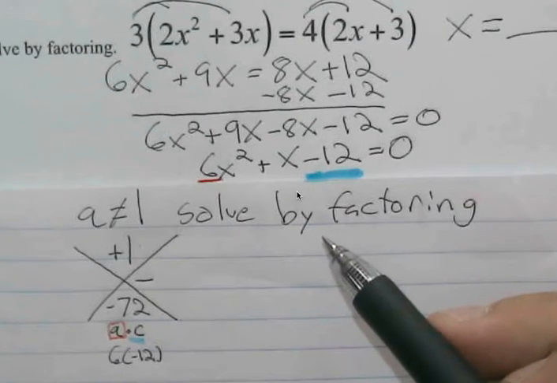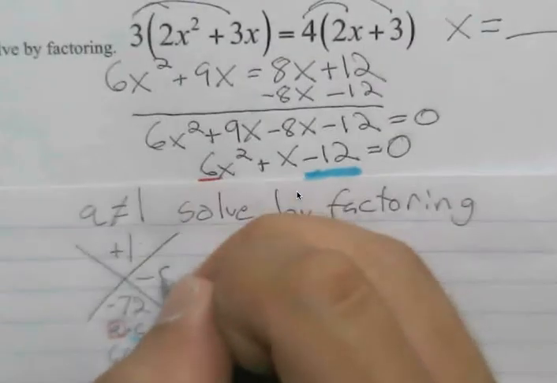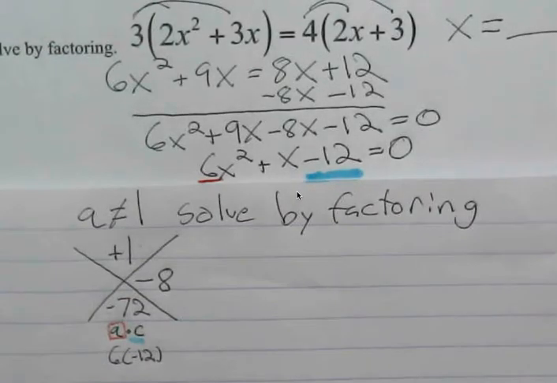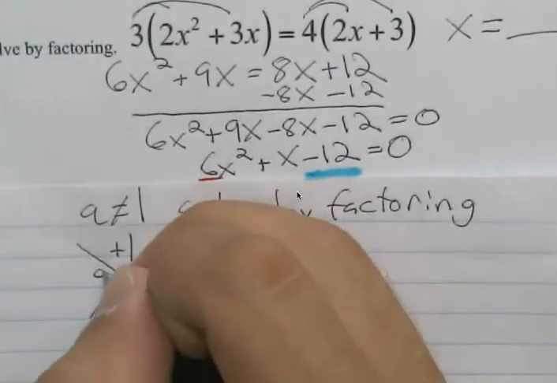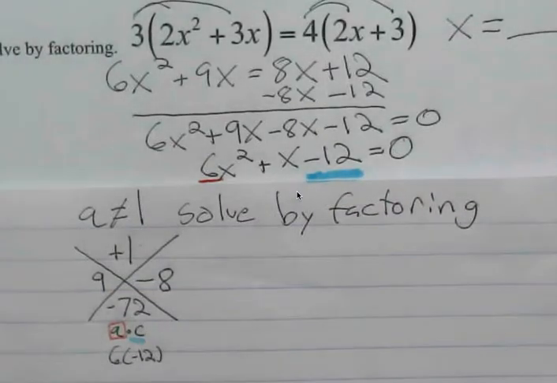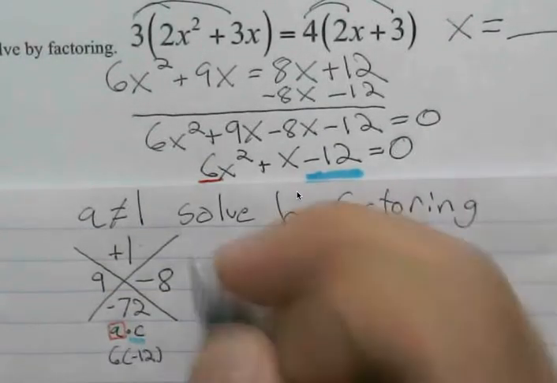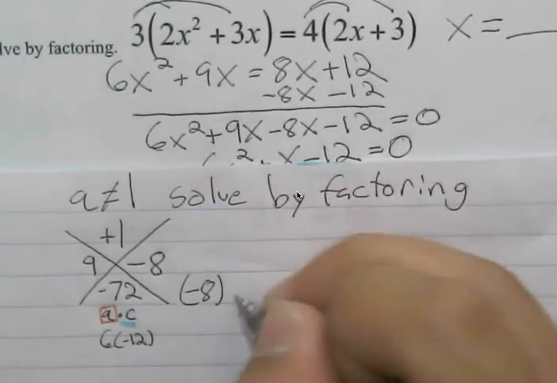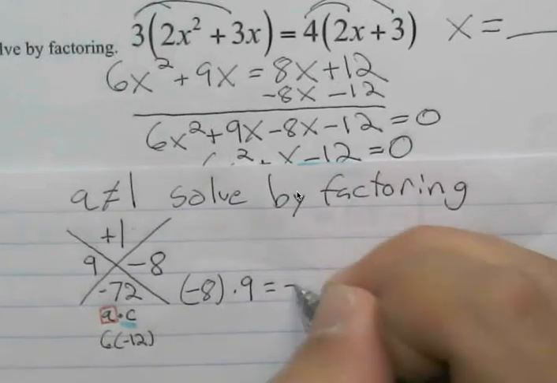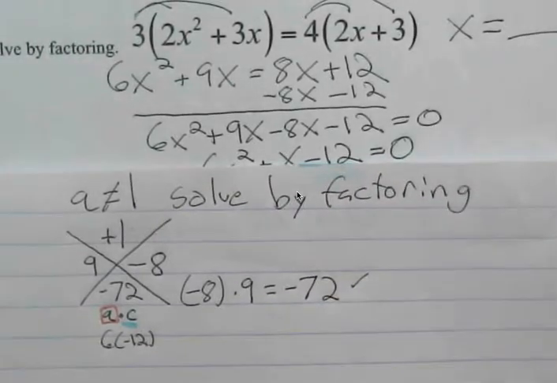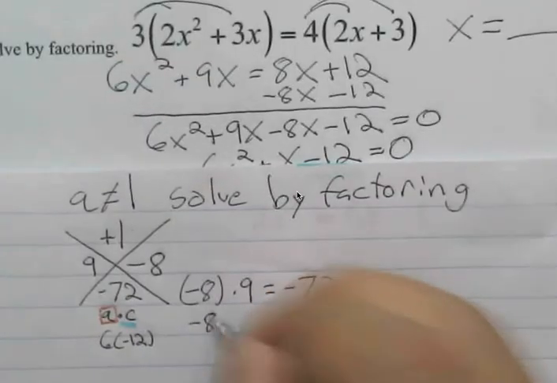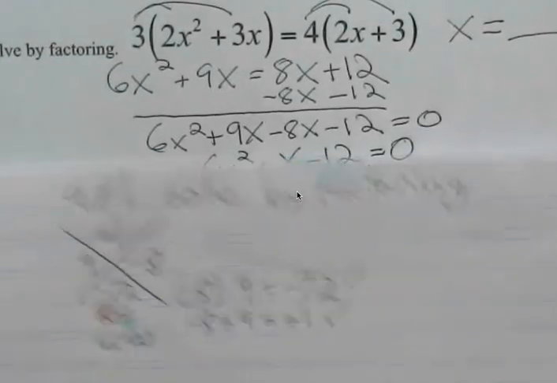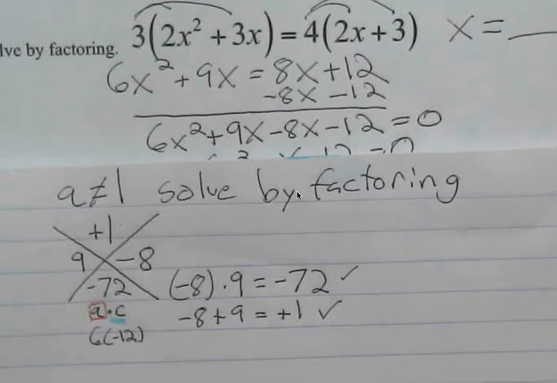The numbers that work the best here are 8 and 9, only if negative 8 is here and 9 is positive. That's the only way that'll work. And again, you can always check your work because you know that negative 8 multiplying with 9 does get you negative 72. So that's a good check. And negative 8 plus 9 gets us positive 1. So we check both. That's a good habit to get into if you get stuck.